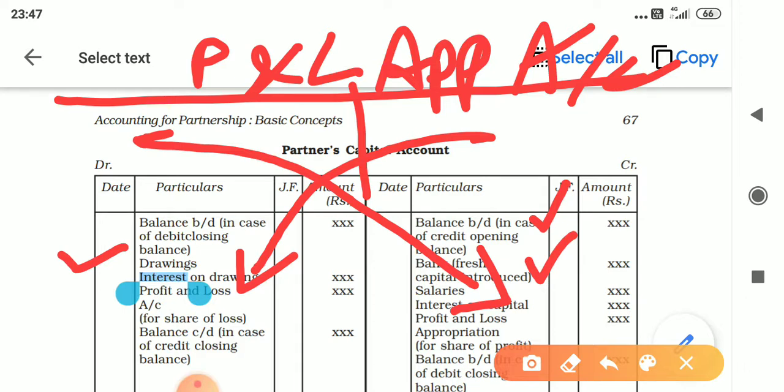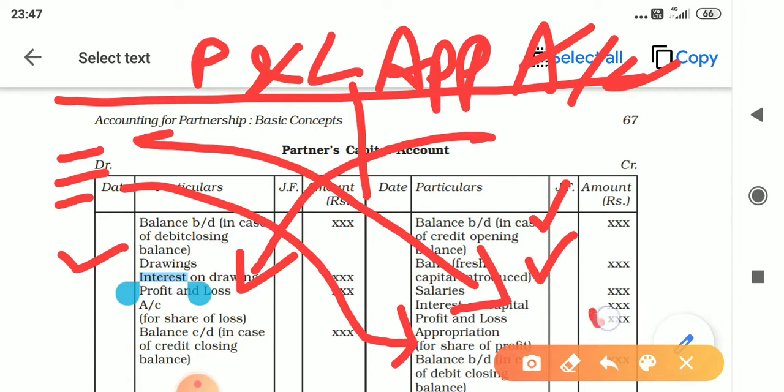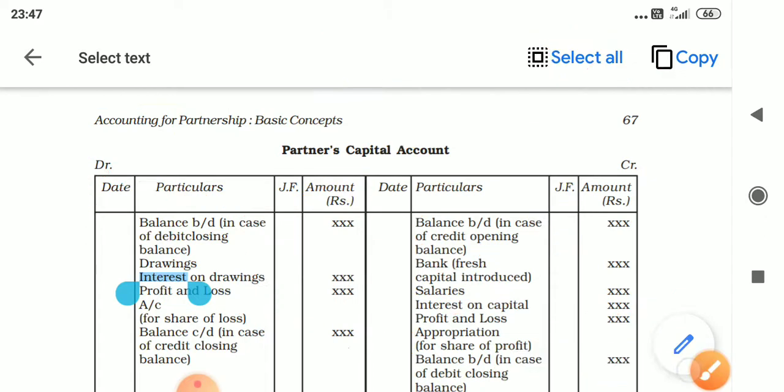Now, if you get profit in profit and loss appropriation account, that profit is distributed among the partners on the debit side, that will be shown here on the credit side. Profit and loss appropriation account you will write, and the amount for A you will write in A's column, amount for B you will write in B's column. If you have loss, then the loss will be shown here on the debit side. Okay, students?